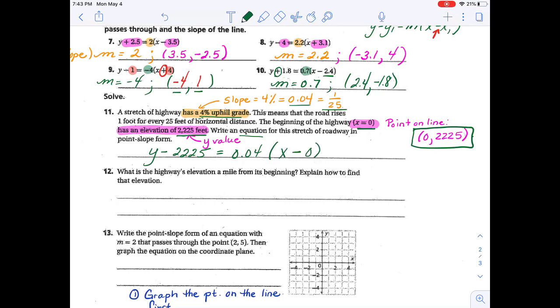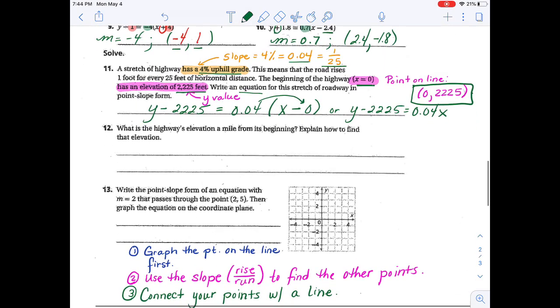Well, x1 is 0. So I could leave it like that, or, quite honestly, if that is multiplied by 0, it's the same thing as not even being there. So I could write it like this. Either way, I don't care if you have that minus 0 or if you leave it off if you wanted to simplify that a little bit.